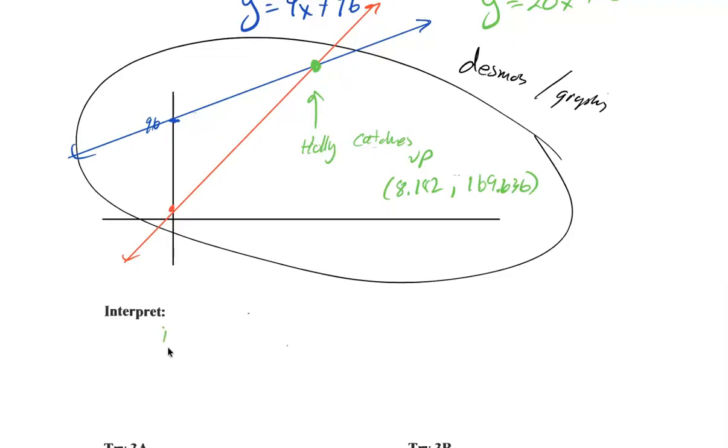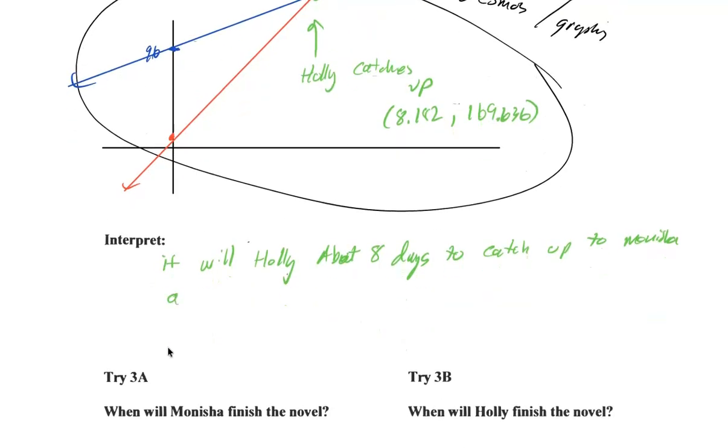So it will take Holly about 8 days to catch up to Monisha. And they will meet, and she'll catch up on page 170.